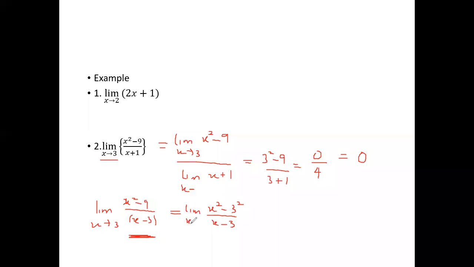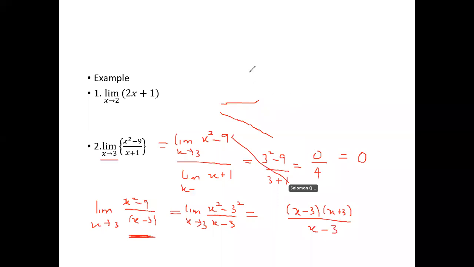Limit of x as x approaches 3, okay? And because it's a difference of 2 squares, we can write the numerator as x minus 3 times x plus 3, okay, all over the denominator, which is x minus 3.